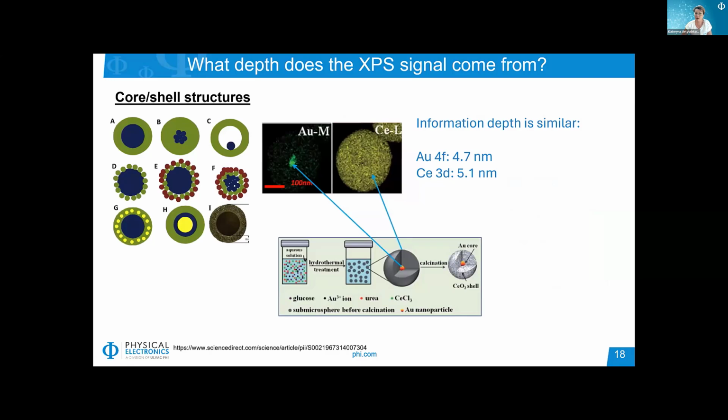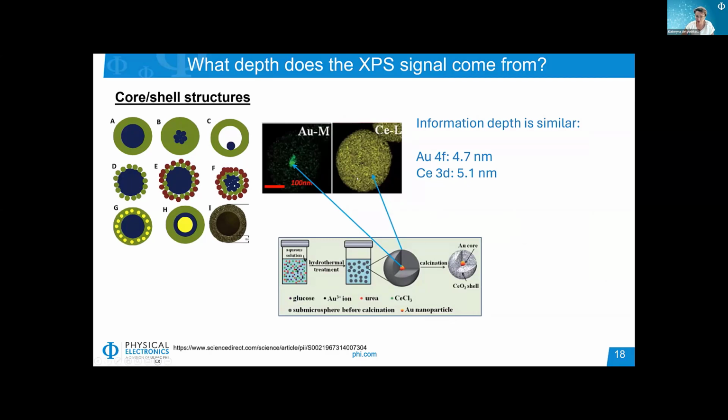So if you think of core shell structures as an example of how the physical dimension of the sample is related to the information depths, there are a variety of different structures that can be created. And of course, there are a variety of different dimensions of the core shell nanoparticles that can be created.